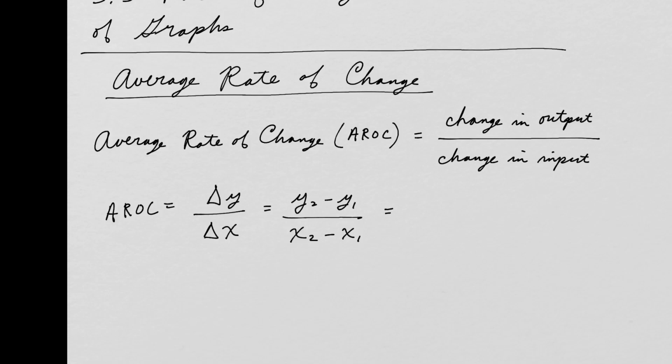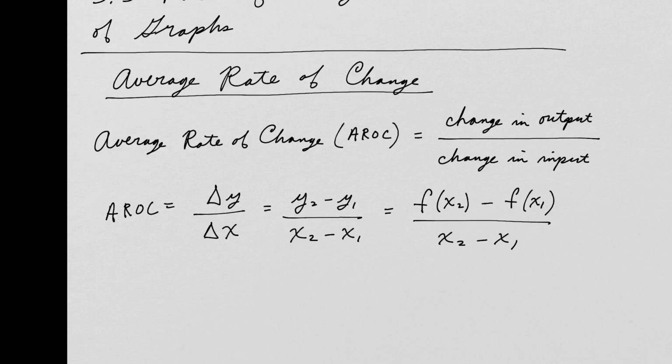Or I could also write it like this: instead of y2, I could call it f of x2 minus, instead of y1, f of x1, over, and then the denominator is the same, x2 minus x1.